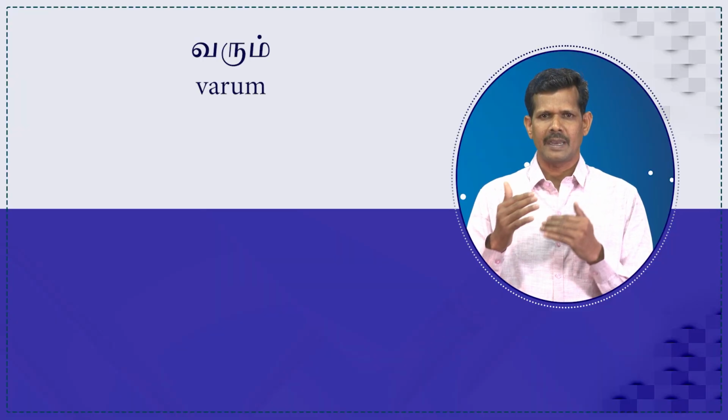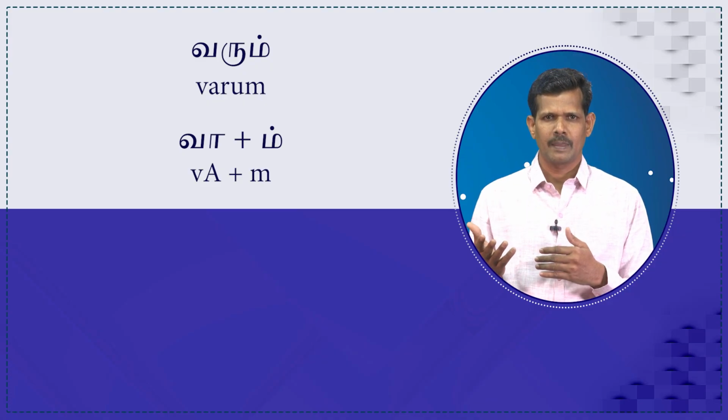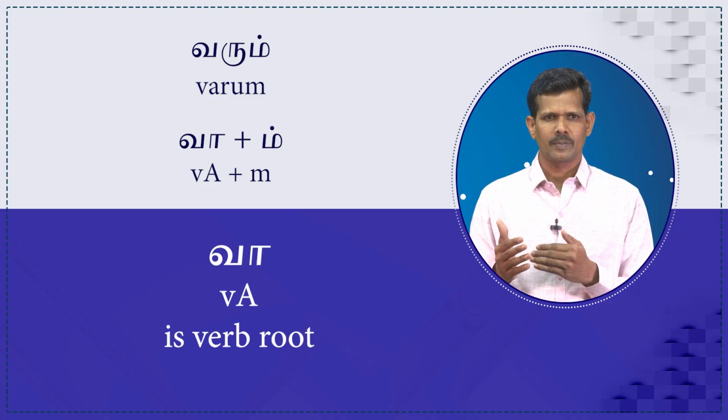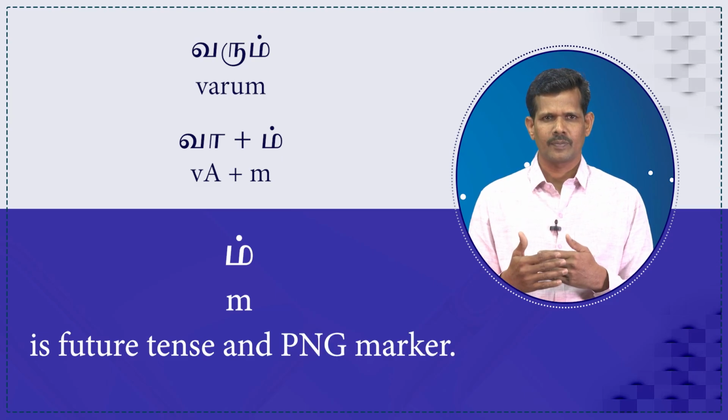It is segmented as follows: va plus im. Va is the verb root, im is the future tense and PNG marker. As we discussed earlier, usually some changes take place in the verb root when an irregular verb is conjugated with the tense marker.